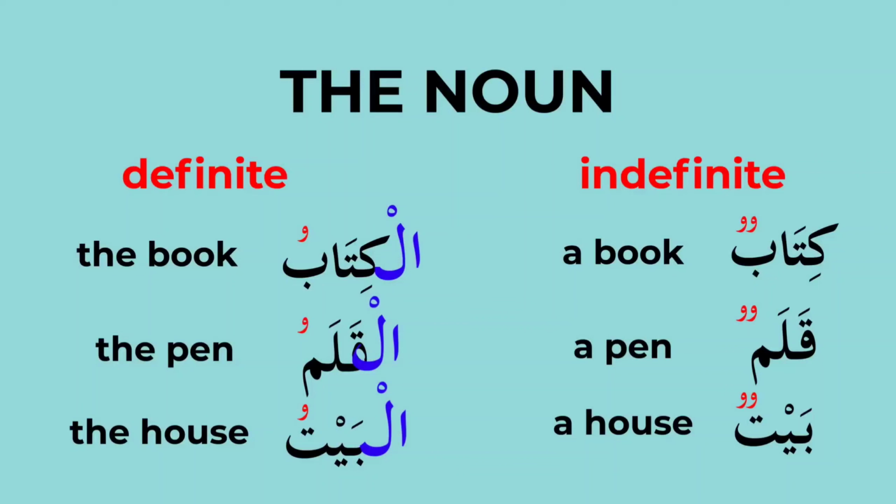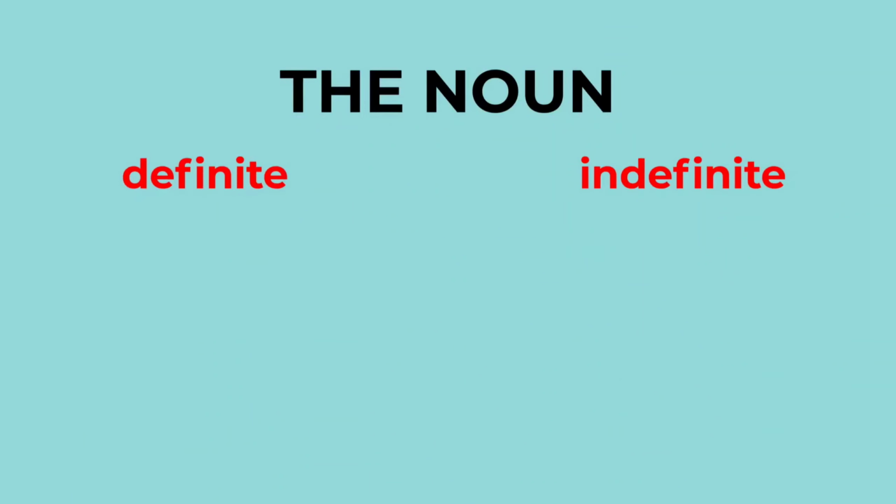I said baytun, it is indefinite. How about if I write down Muhammadun? There is a tanween there which always tells me that the noun is indefinite.